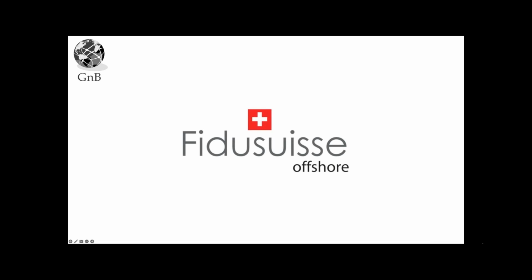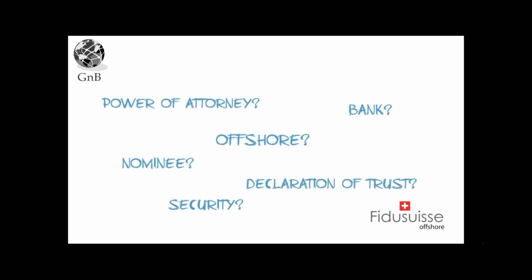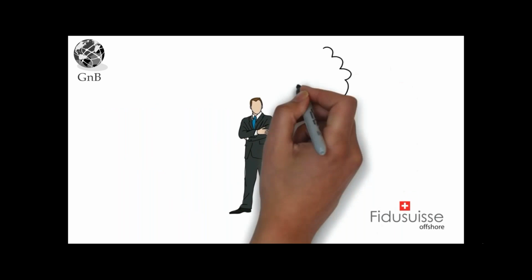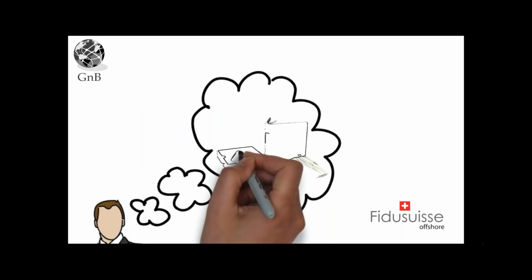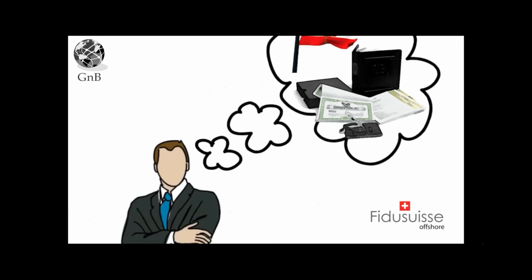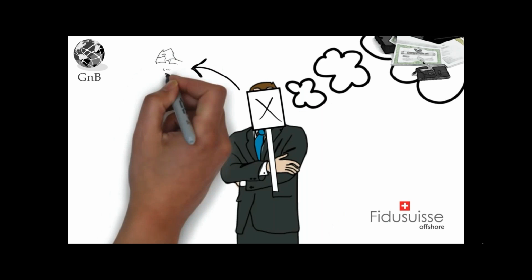Hello, this video explains how offshore companies provide anonymity, security and ease of use. First of all, let's understand the situation. You are a businessman trying to simplify your daily business and decide to set up an offshore company in Gibraltar. But you don't wish to appear in the public registry. You want to be anonymous.